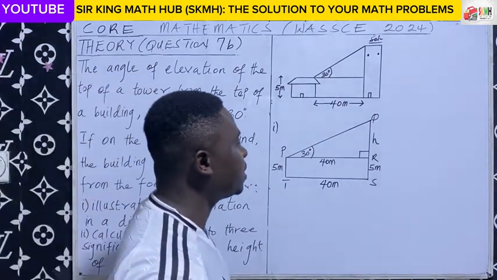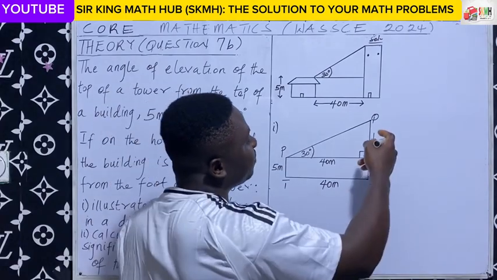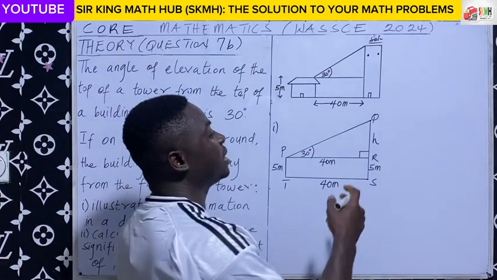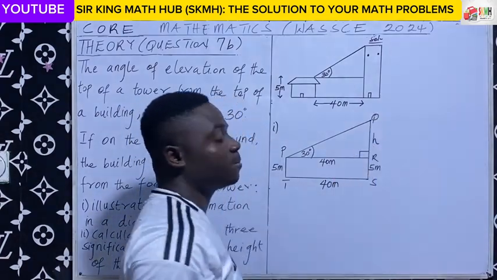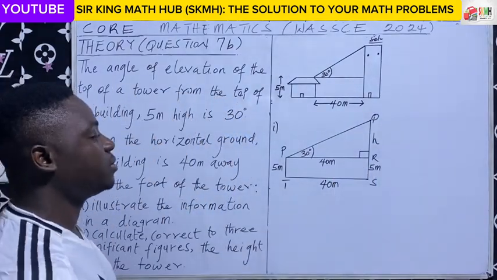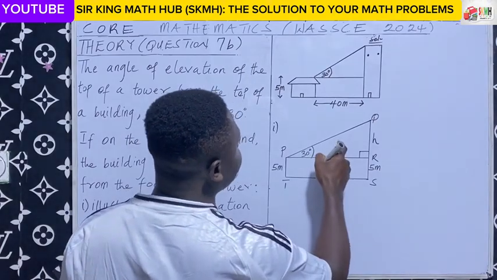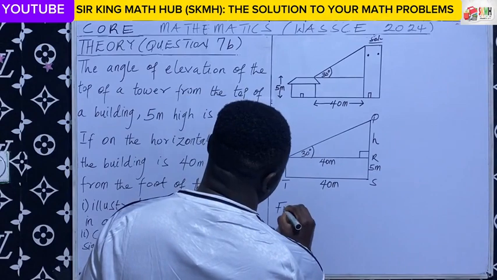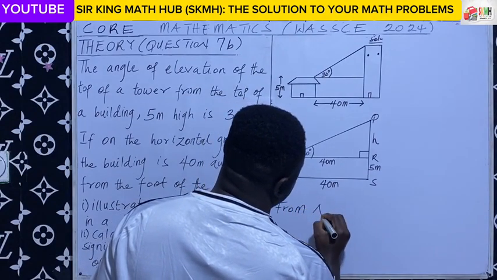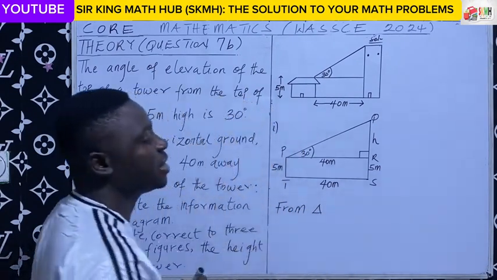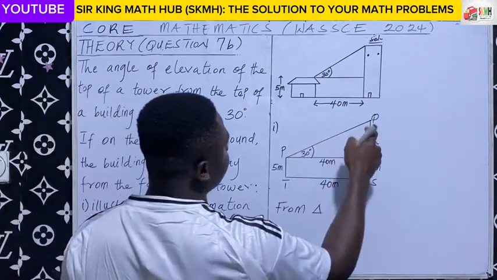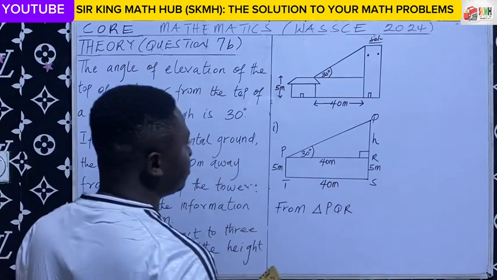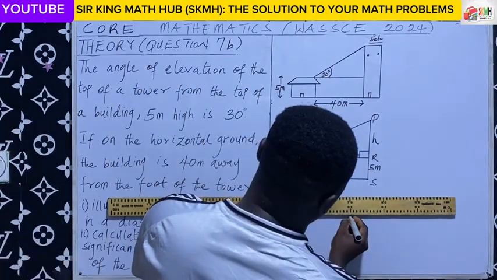So now, why don't we find the length of H or the length of line RQ? So how do we do that? Let's focus on this triangle. So how do we name this triangle? Triangle PQR. From triangle PQR.